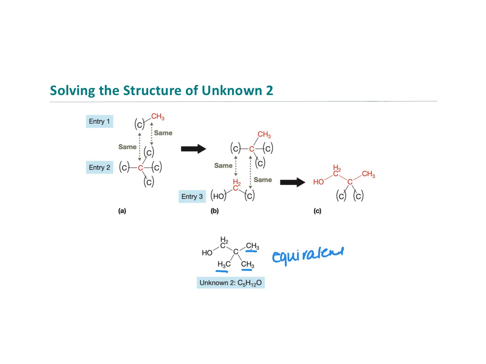And that's 1, 2, 3, 4, 5 carbons, but that's consistent with only 3 peaks in the spectra, okay? Then we've got our HOCH2 and then our carbon all by itself.